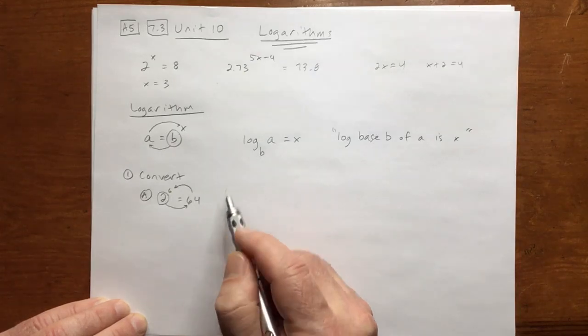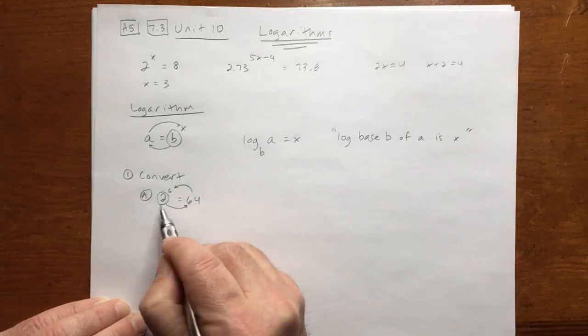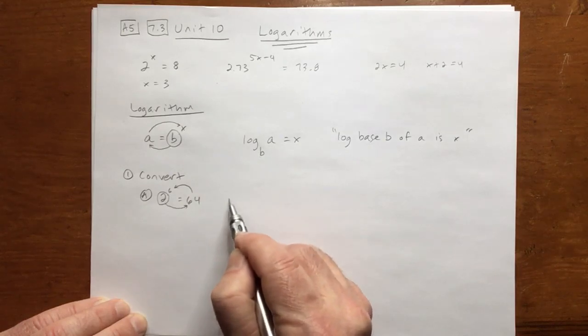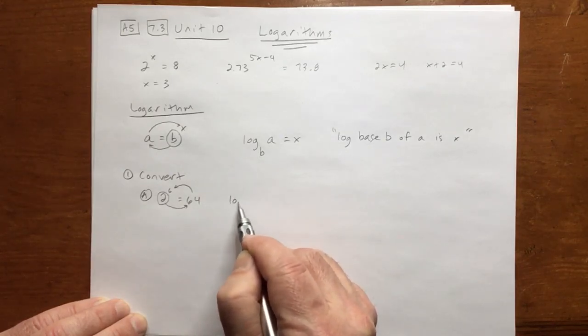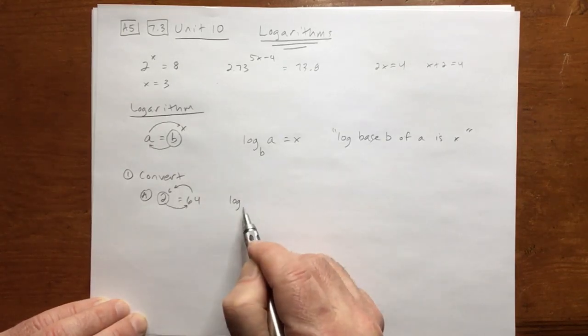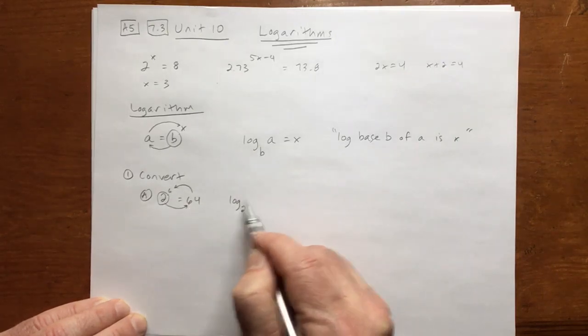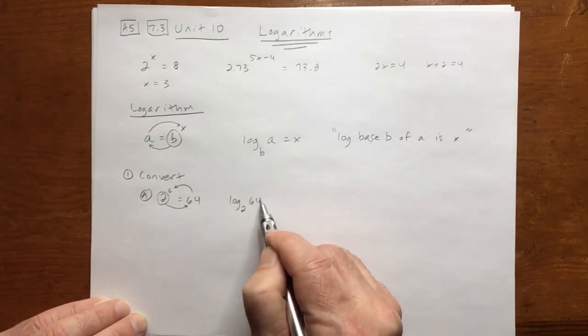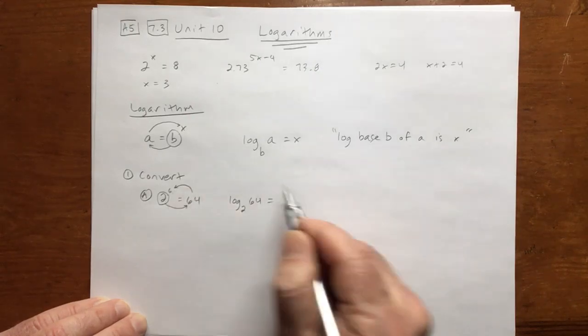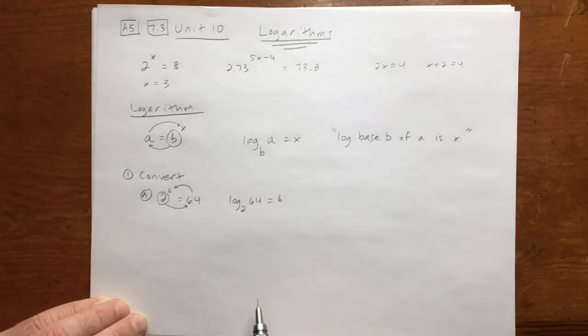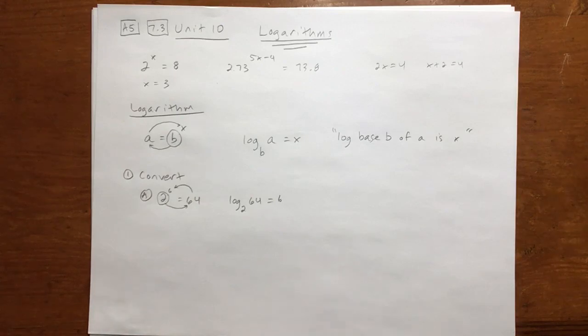Let's go ahead and see that. So remember, we started with the base. Log base 2 now, of 64, and then we come back equals 6.